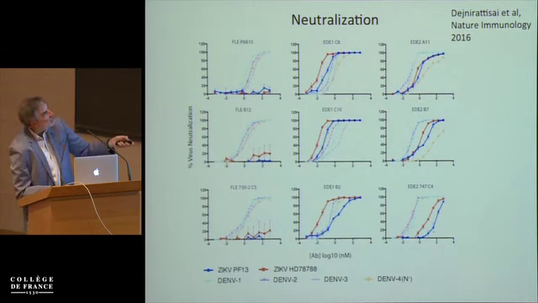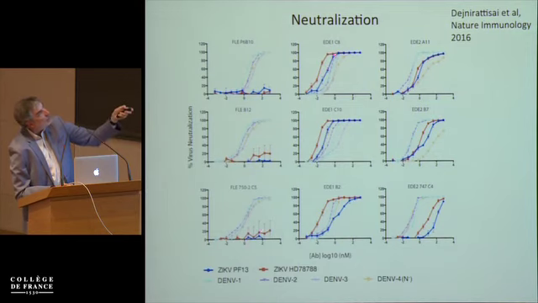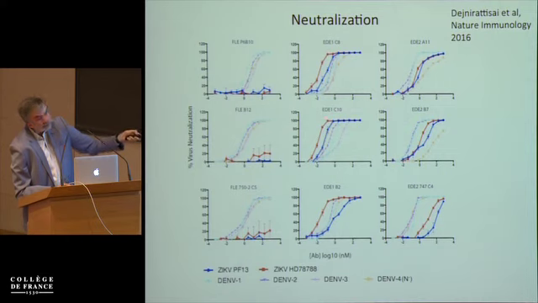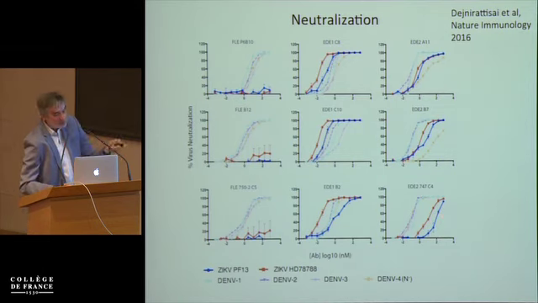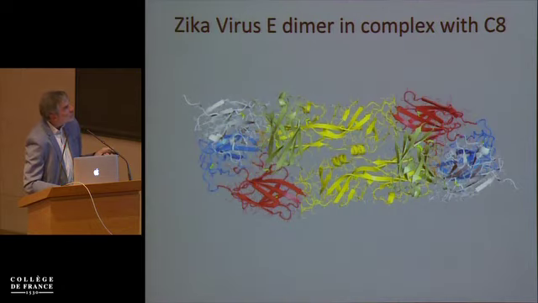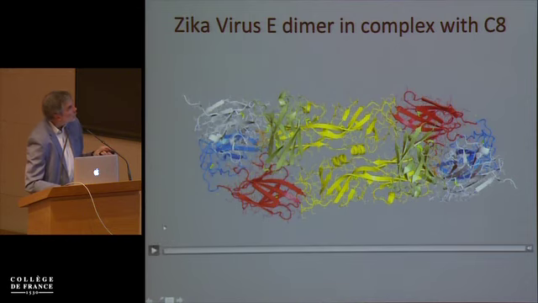The attenuated one is very easily neutralized. But even the one circulating now, in blue, was neutralized even more strongly than dengue virus here. And the EDE2 was sort of an intermediate result as well. But these antibodies were extremely interesting, so we went on to do the structure here.